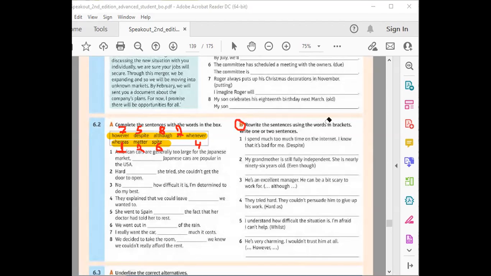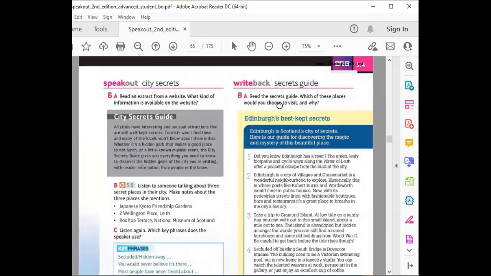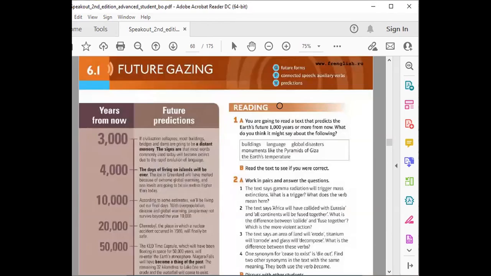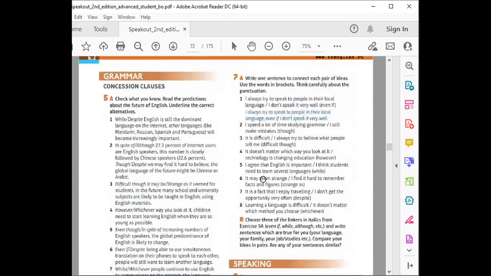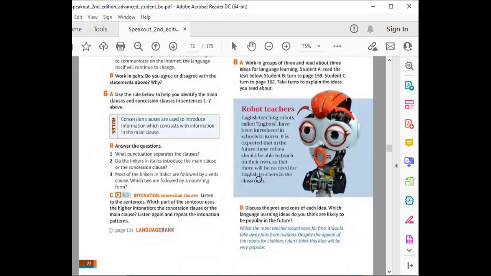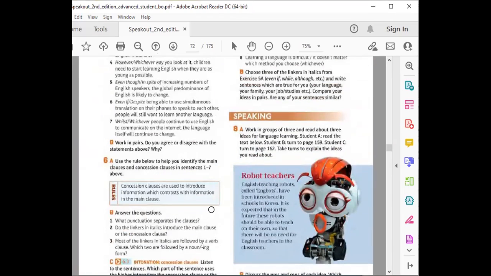Now, let's move back to our book. What page was it? 50, I think way more than that. Okay, let's go to page 72, please.